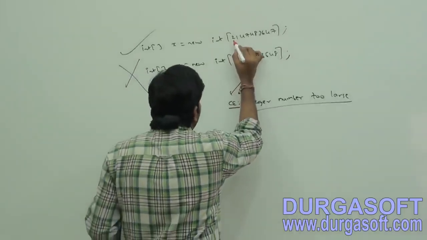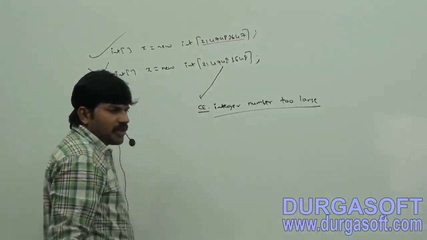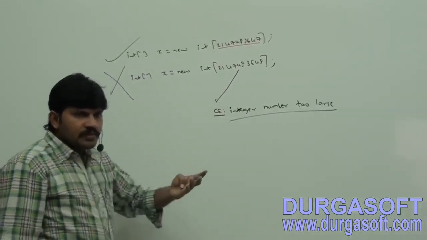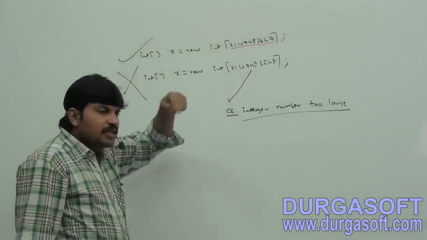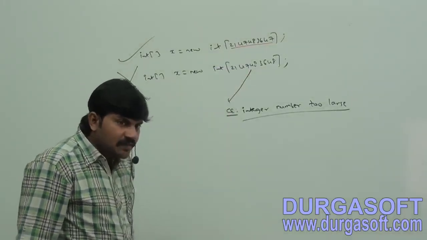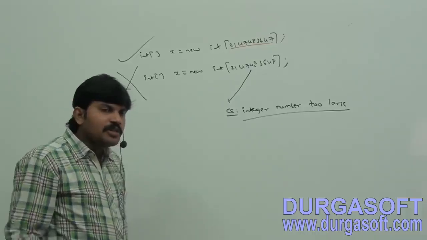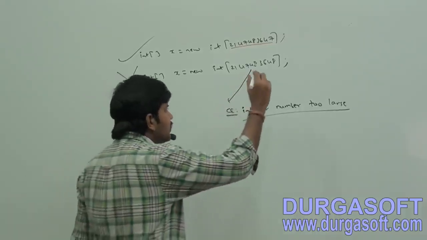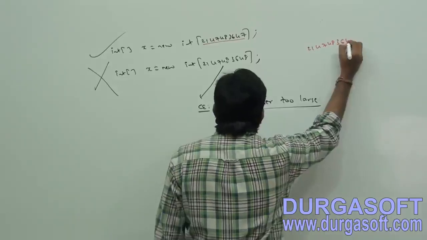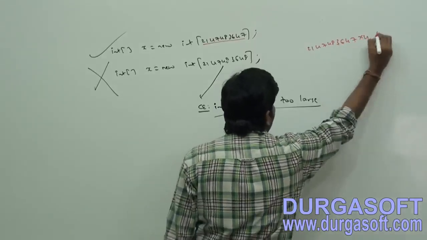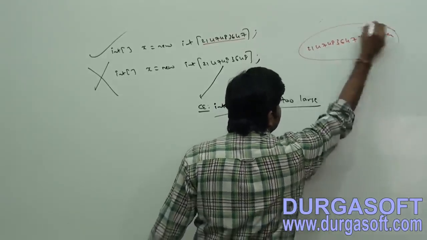We are representing 2147483647 int values. Each int value takes how many bytes? 4 bytes. Then how much memory is required to create this array? 2147483647 into 4 bytes of memory is required.